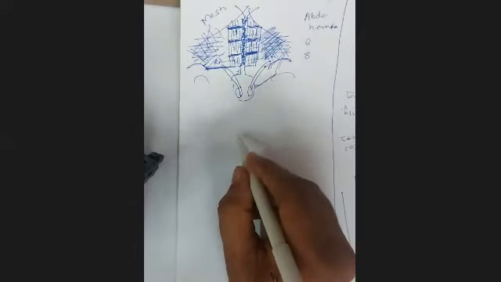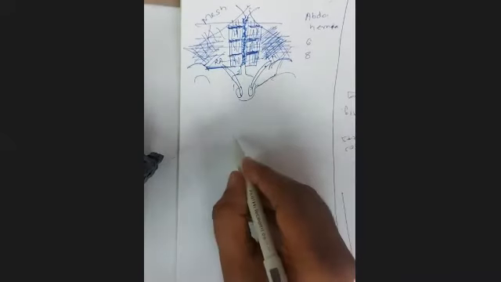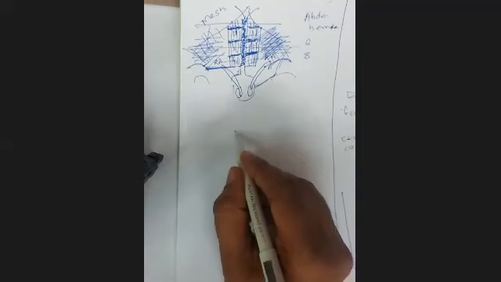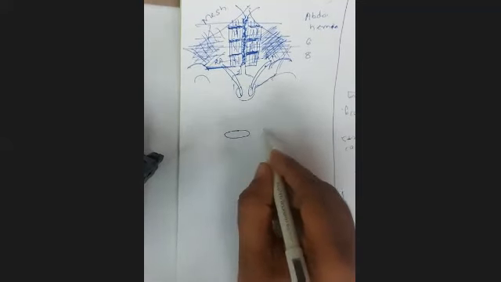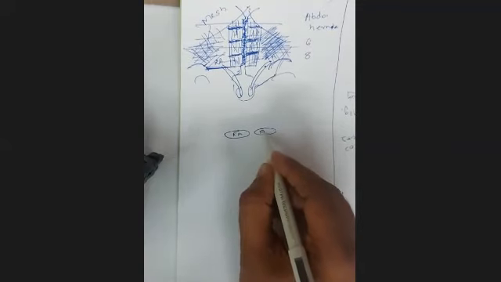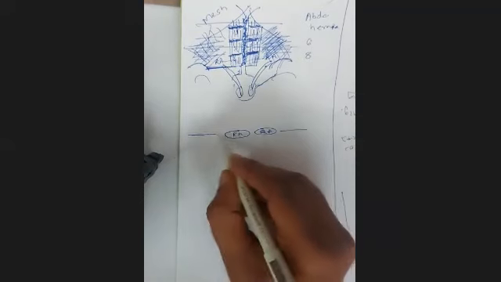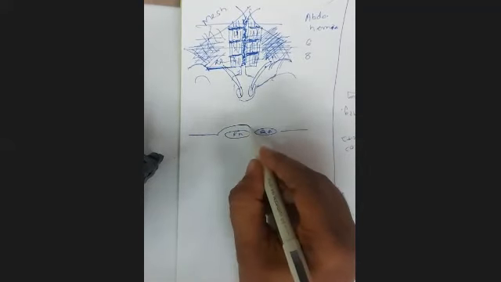So if I take a cross section, in the upper part, what I see is there is one rectus abdominis of one side, rectus abdominis of the other side, and this is external oblique, and external oblique goes like this.